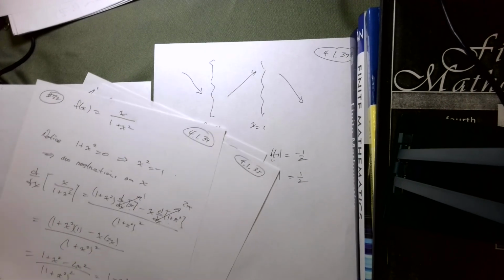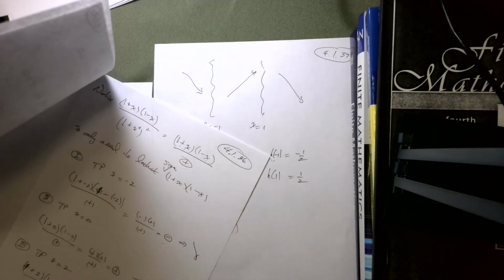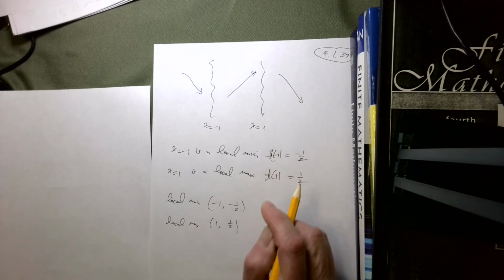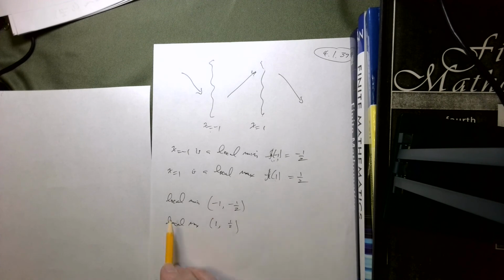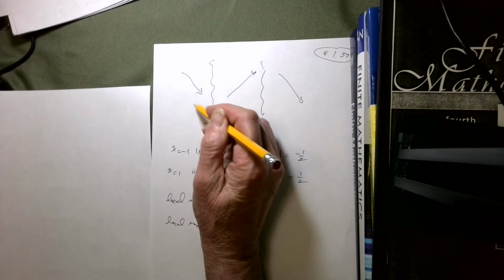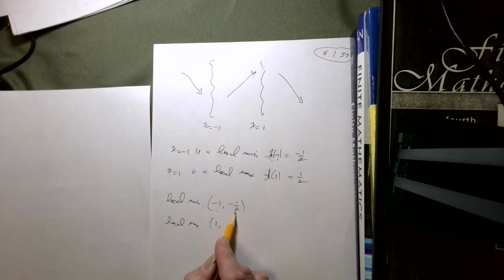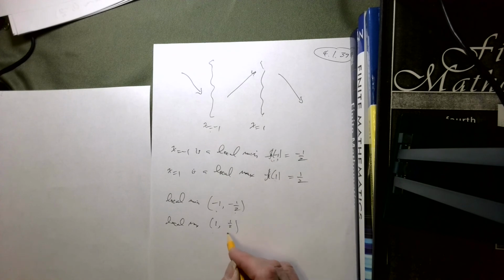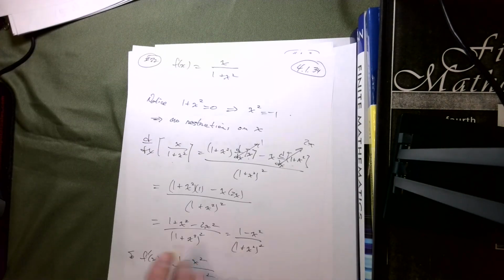Oh, I'm sorry. I started calling it different functions. H, F. Somehow I switched them. This should really be an F. Okay, so just dump in your -1 and your 1. Those are your critical points. So you have a local min at -1, and its value is -1/2. You have a local max at 1, and that local max is 1/2. And yahoo, we got through the first section.